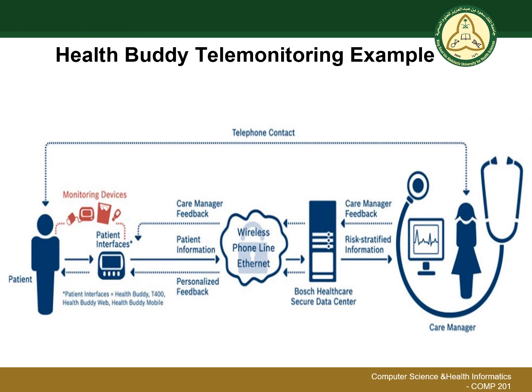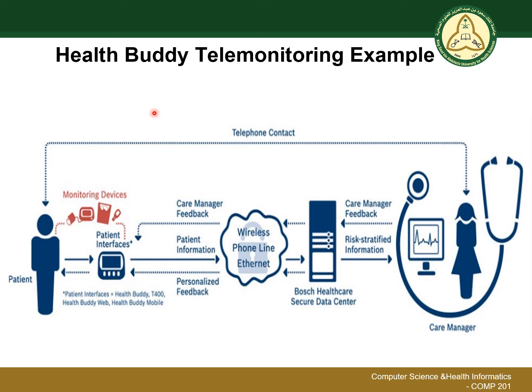So this is an example of telemonitoring: the Health Buddy device. Health Buddy is an FDA approved device. It's used by veterans' home telemedicine programs to increase medication compliance and reduce outpatient visits. So they will follow the patient and make sure that the patient takes his drug and follows his medication.